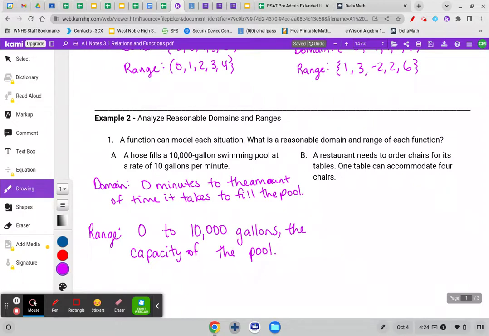The next example is about chairs. A restaurant needs to order chairs for its tables. One table can accommodate 4 chairs. So for the domain, our reasonable input or x values or domain is 0 tables to the number of tables needed.